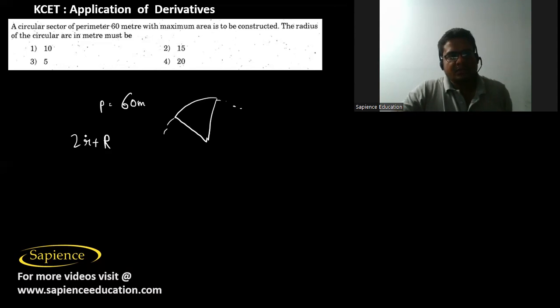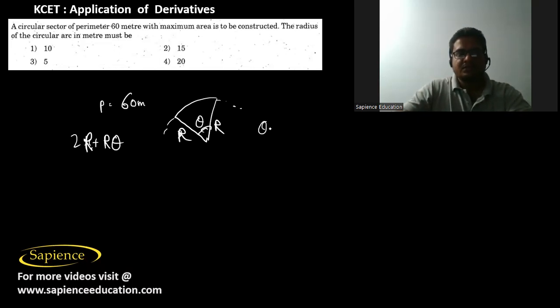So it will be 2r, since radius, plus the length of the arc, which will be r into theta if theta is used in radians. So this is equal to 60 meter, and the area should be maximum. Area of the sector will be pi r square into theta by 2 pi.